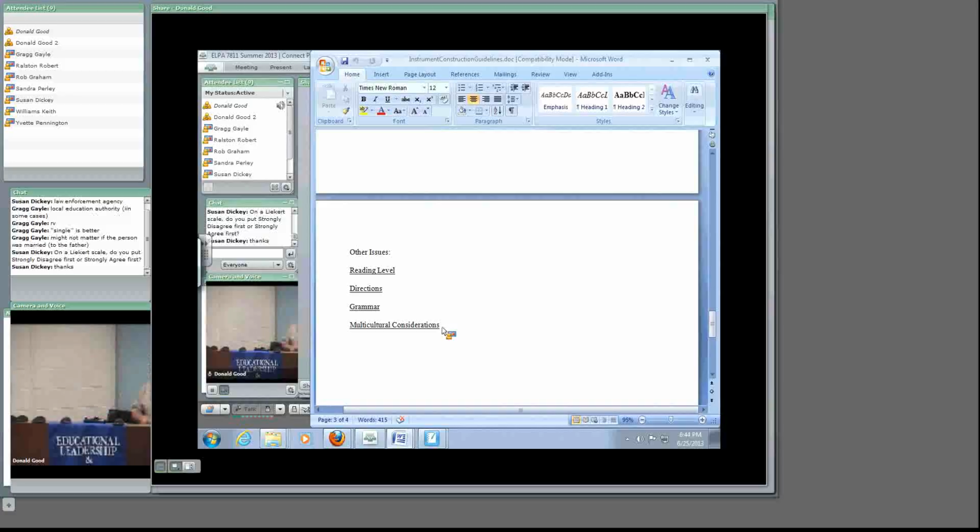Another thing, I kept thinking somebody might ask this, but I'll just say it before I see it asked: where do you put the demographic section? Do you put that at the beginning or the end? Traditionally, we've put it at the beginning. But I'm seeing more and more instruments that put it at the end. What class are you? Freshman, sophomore, junior, senior? I don't know. What's your age? What's your major? Your gender? All those things.